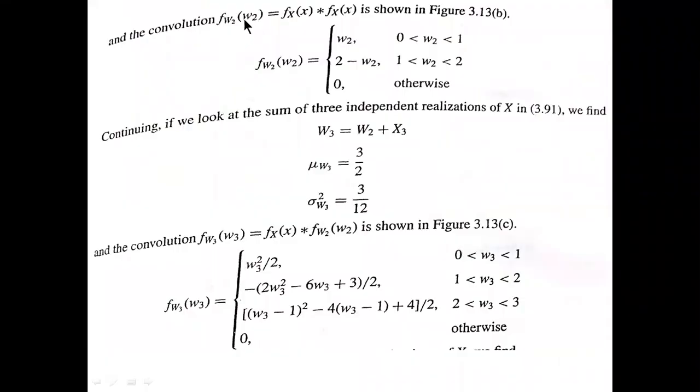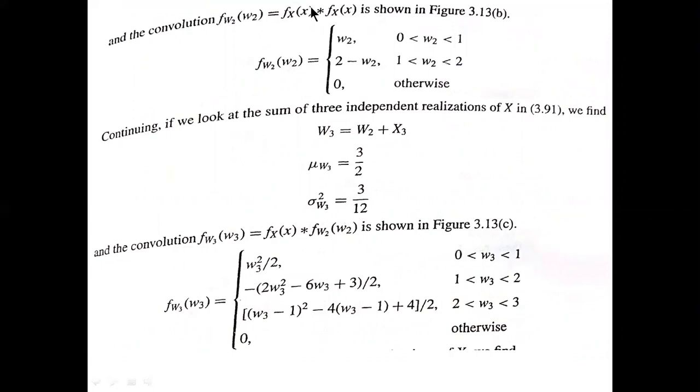So f of w2 will be f of x convolved with f of x, and that will give us the convolution of two uniformly distributed functions, which will just turn out to be w2 for 0 < w2 < 1, 2 minus w2 for 1 < w2 < 2, and 0 otherwise. This can be found by convolving, the standard convolution procedure.